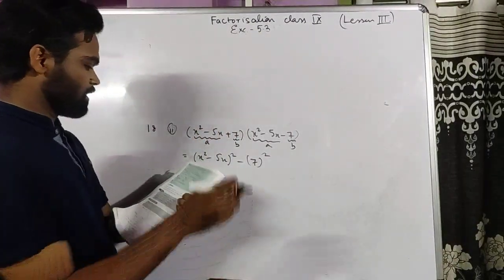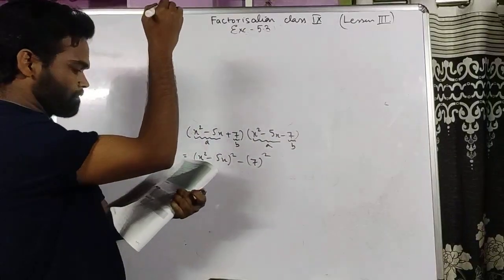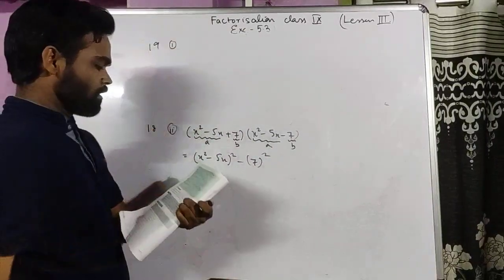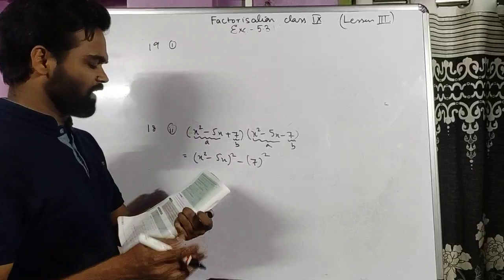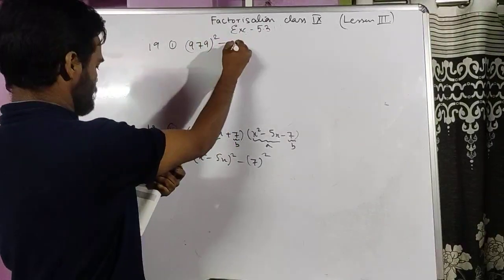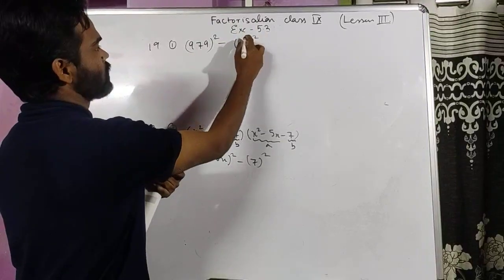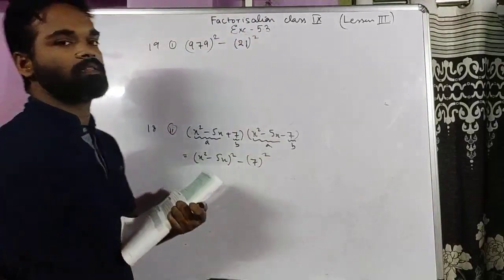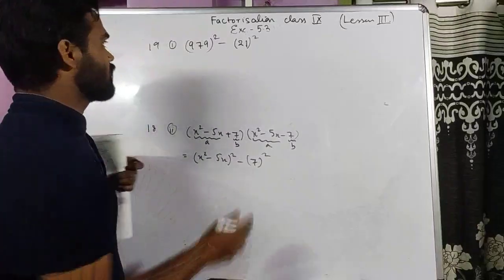Now we'll see 19 part 1. Evaluate the following by using factors. Now this is 979 whole square minus 21 whole square. Please don't find the square and then subtract. Using factors, okay?